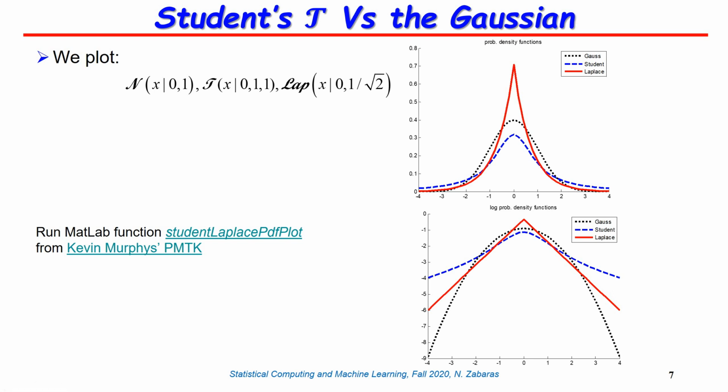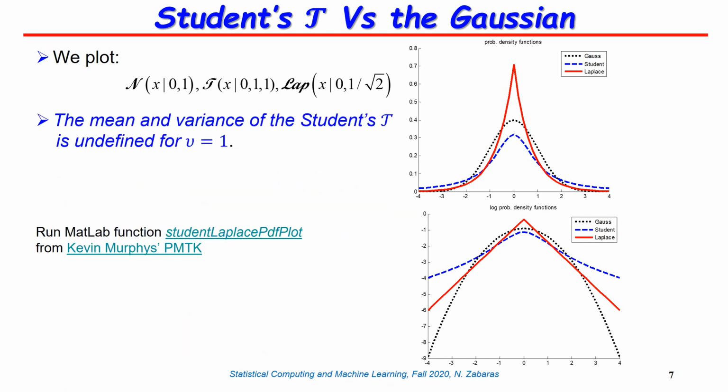So I already mentioned that the mean and the variance of the student T distribution is undefined when nu equal to 1. And what I want you to pay attention to, looking at the log plot of the student T distribution, is that in this regime you have one curvature, and in that regime you have another curvature.